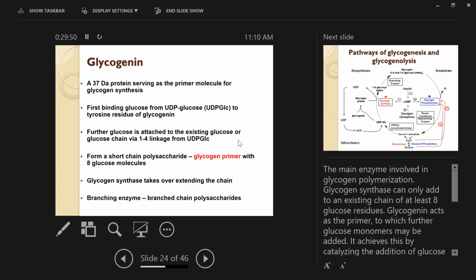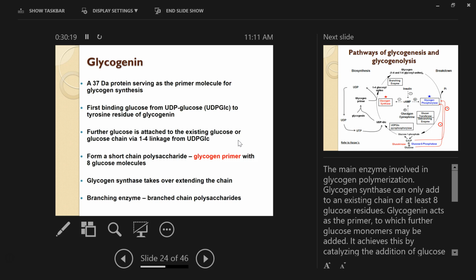until it forms an 8-glucose chain, right? And this glucose chain is a linear chain connected by 1,4 linkage. So this short chain polysaccharide, which contains 8 glucose molecules, is called a glycogen primer.